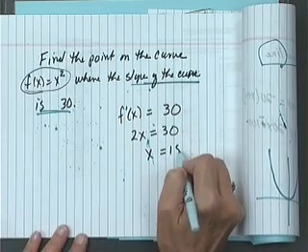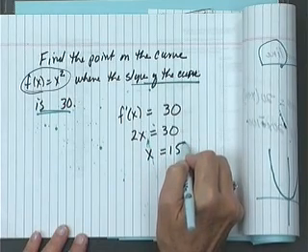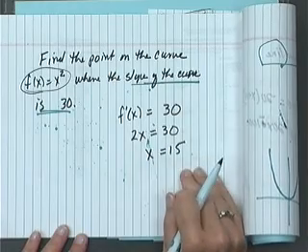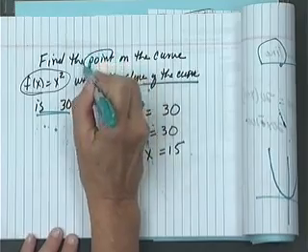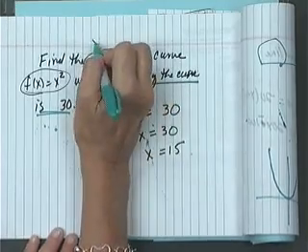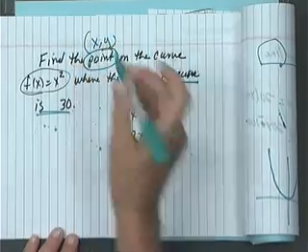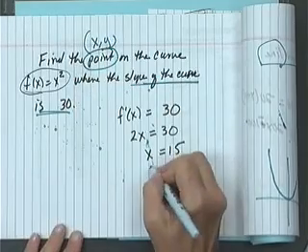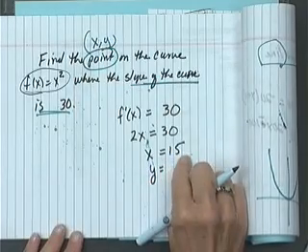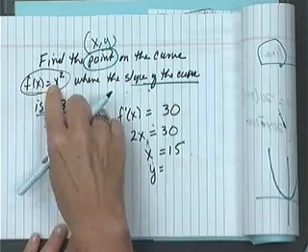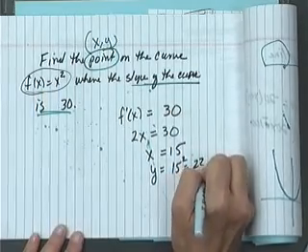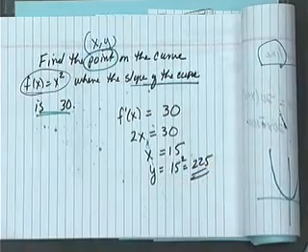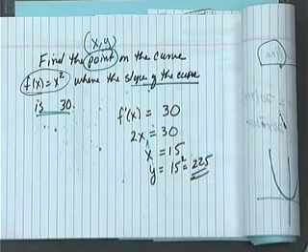X is 15. Is that my final answer? No, because I'm looking for a point. A point is x, y. So I have to find the y value that goes with 15. So it would be 15 squared, which is 225. Okay? Everybody doing good?